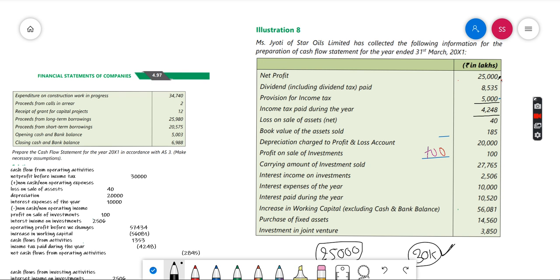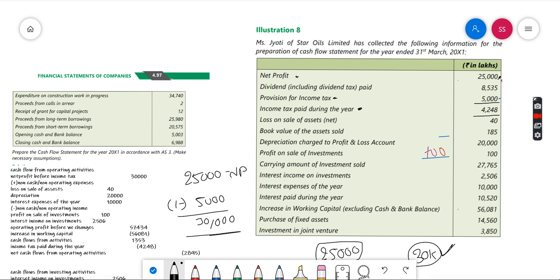Here they gave net profit, provision for income tax, and income tax paid during the year. To get net profit before tax, we take the 25,000 net profit and add the provision for taxation, which is 5,000. Total 30,000 is net profit before income tax.